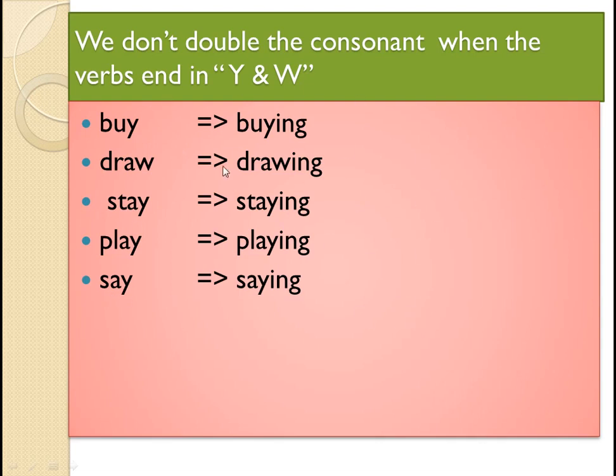In this one, even though the verb ends with vowel plus consonant, we don't need to double the consonant because that consonant is Y or W.